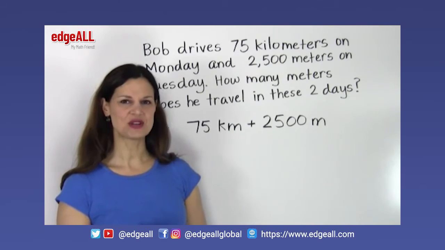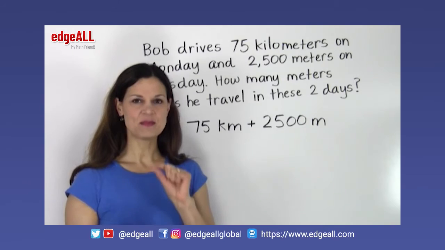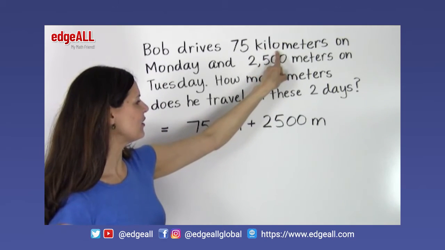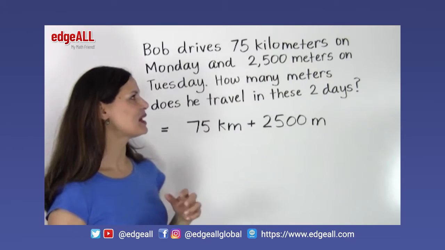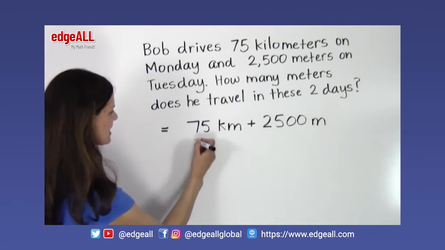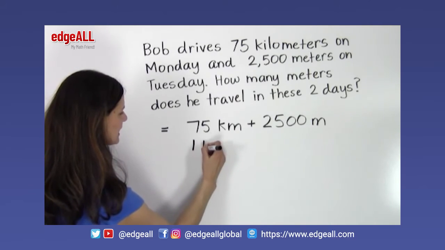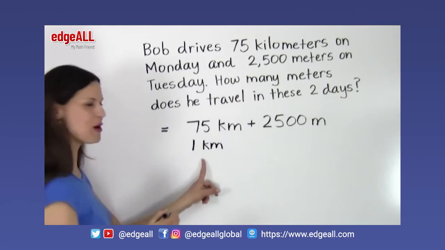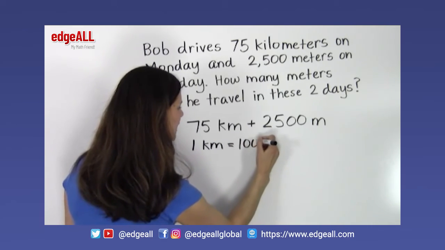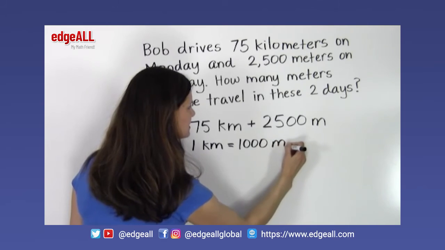Now, in the metric system, the prefix of kilo, K-I-L-O, indicates 1,000. And so what we have is 1 kilometer is equal to 1,000 meters.